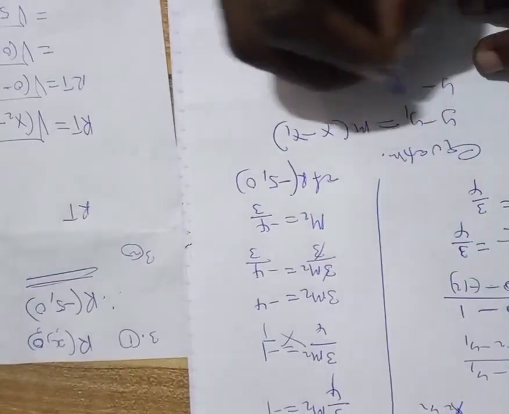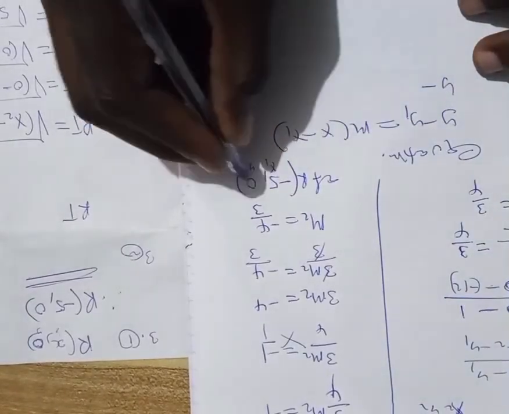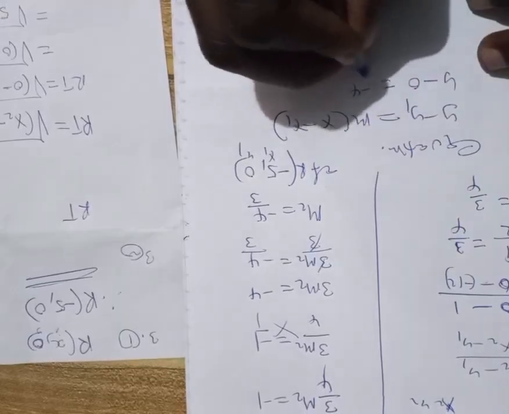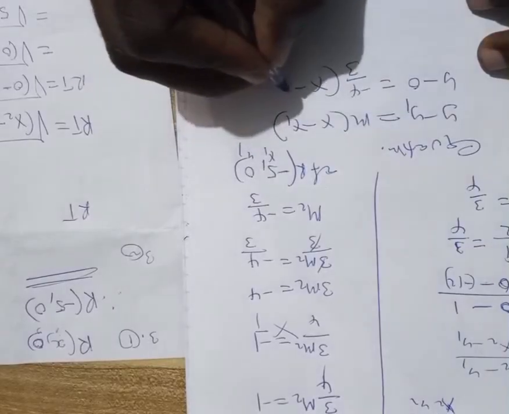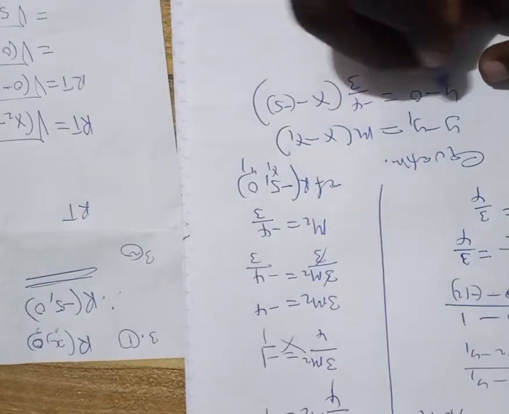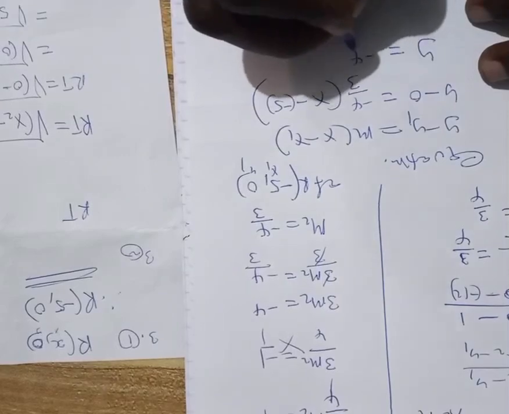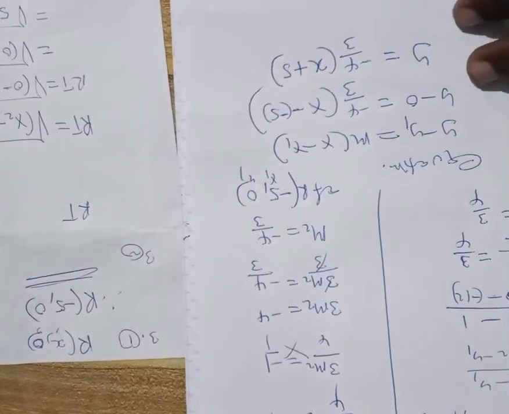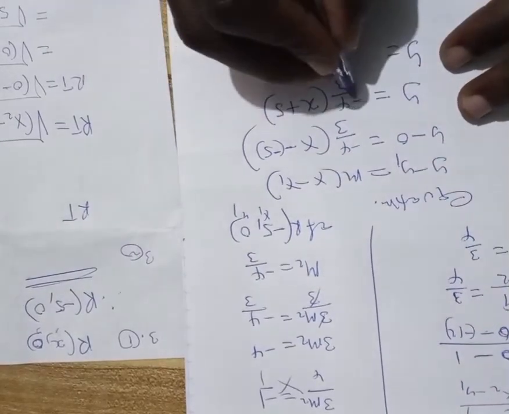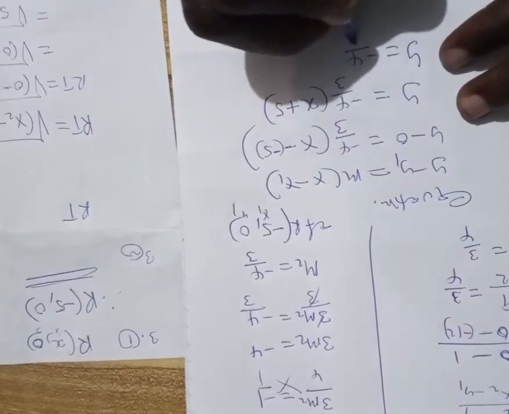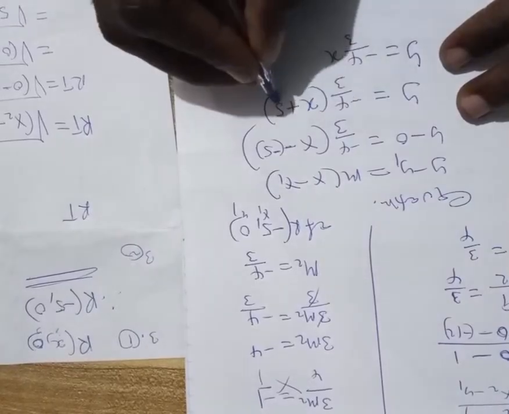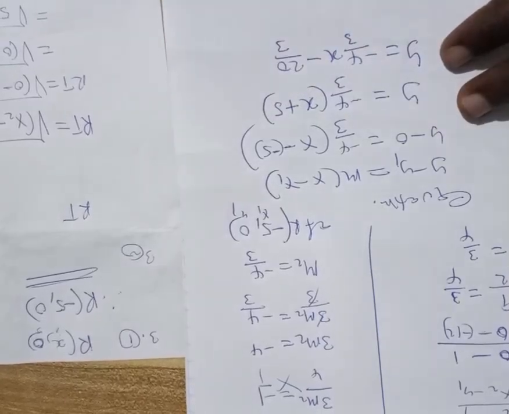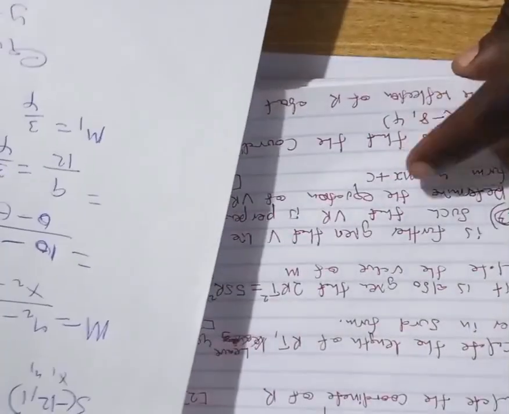This is x1, y1. y1 here is 0, equal to m, negative 4 over 3, times x minus x1, it is negative 5. So y minus 0, it is y equal to negative 4 over 3 open bracket x, negative and negative is positive, positive 5. When we simplify this, you're going to have negative 4 over 3 times x, negative 4 over 3x. Negative 4 over 3 times 5, you have negative 4 times 5 is 20 over 3. So this is the answer in this format.